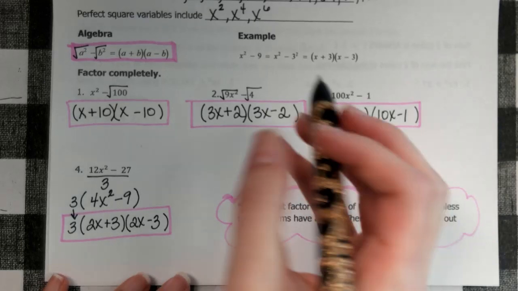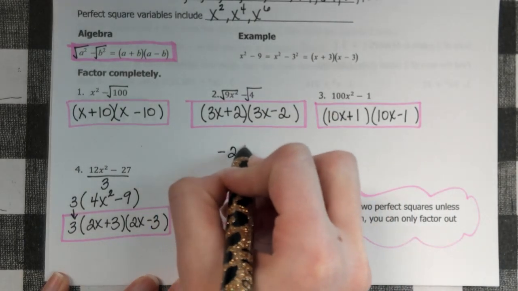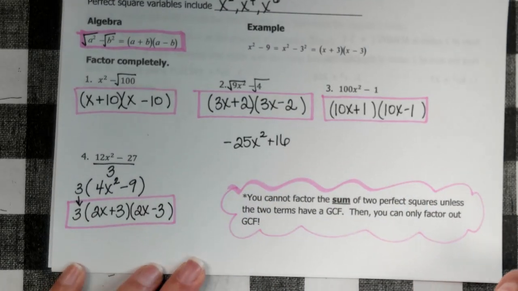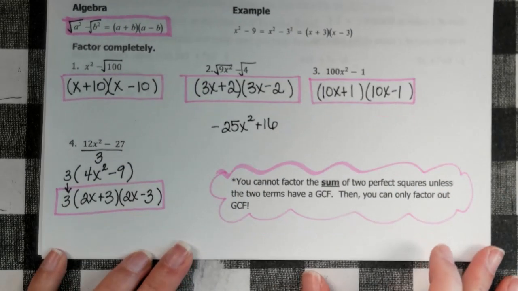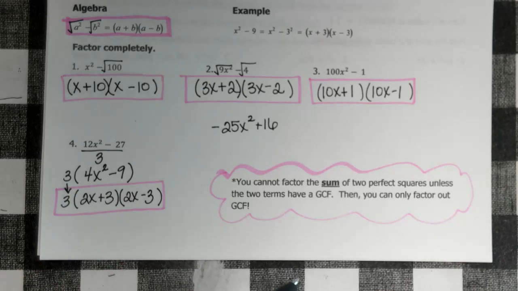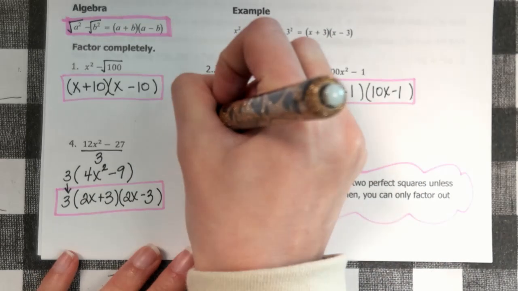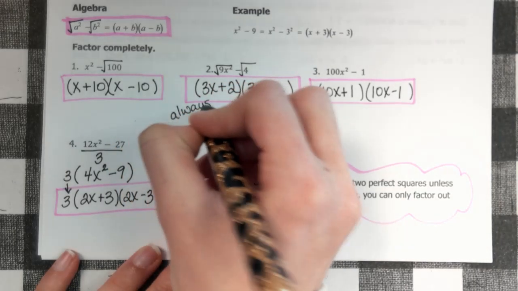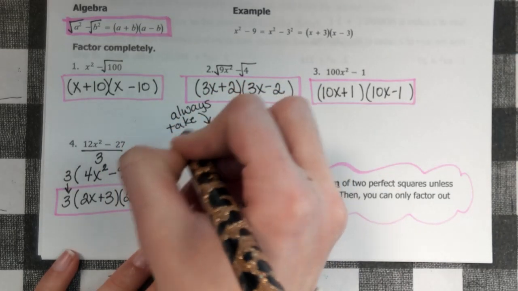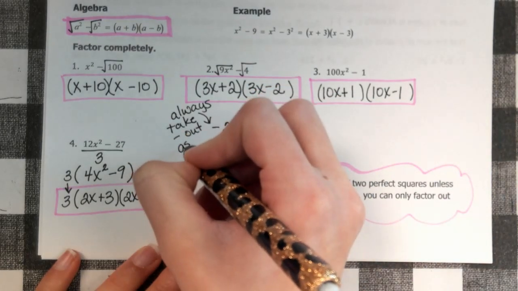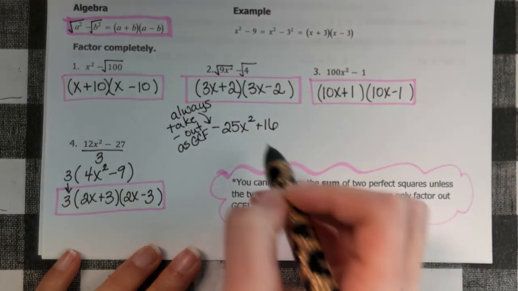Okay, now if I had something like negative 25x squared plus 16, it doesn't look like I can do anything, but I could take out what as a GCF? A negative 1. Remember that anytime you have a leading negative, you always take the negative out as your GCF, even if there's no other number.